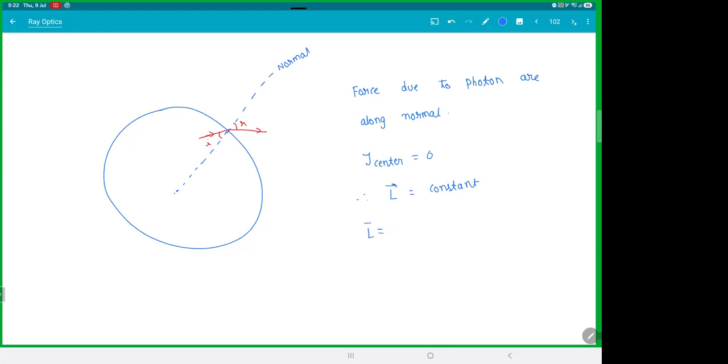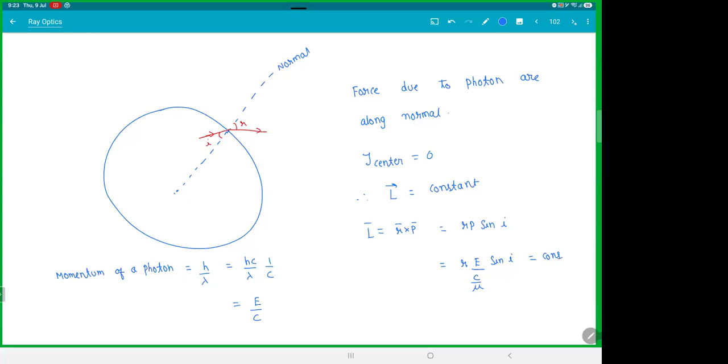And we know angular momentum is nothing but r cross p, where p is your momentum, which is r into p into sin i. And last time I showed you what is momentum. Momentum of a photon is h by lambda; multiply and divide by c. This becomes energy by c. So this would be distance r, this would be energy by c of the medium, which is c by mu, into sin i.